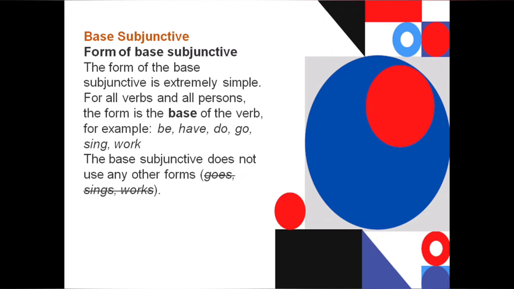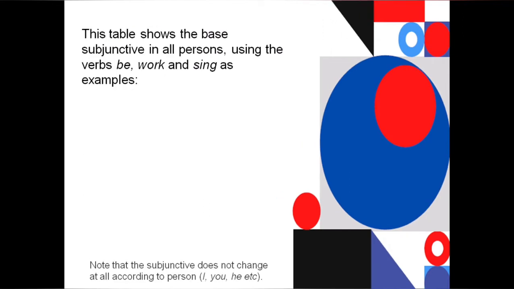So we still have be, have, do, go, sing, and work. For he, she, it, we maintain be, have, do, go, sing, and work. We do not use goes, sings, and works.